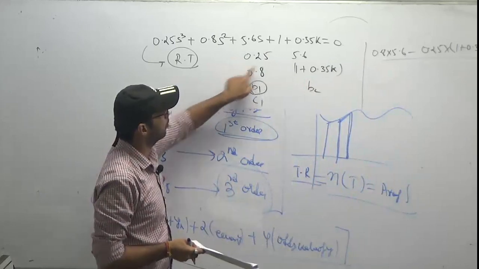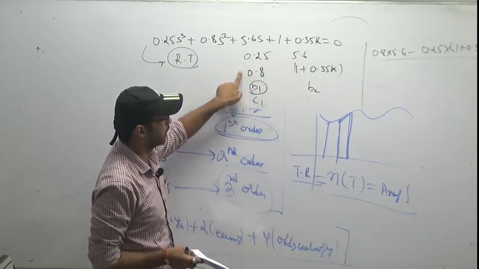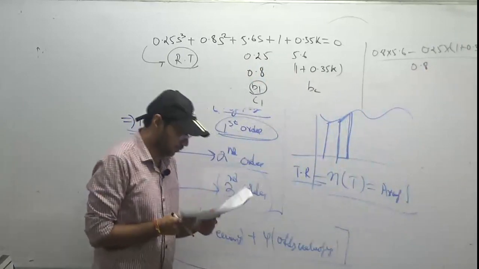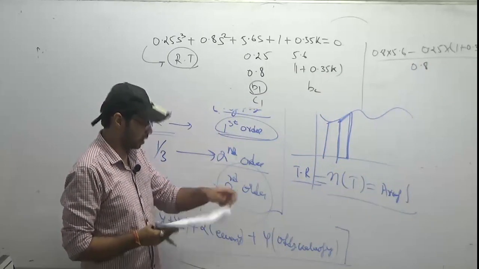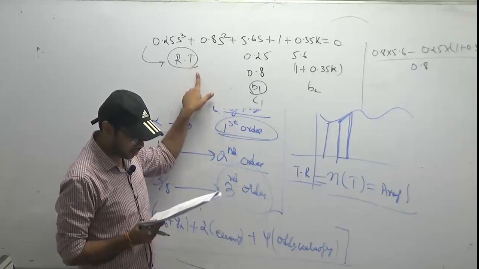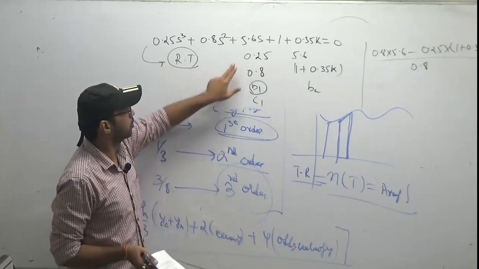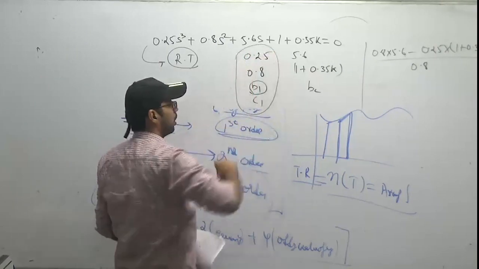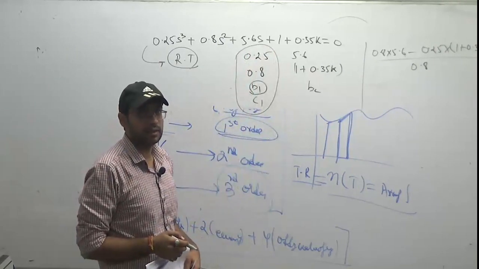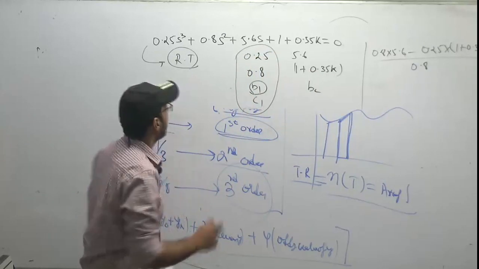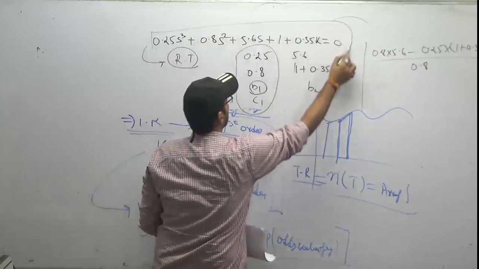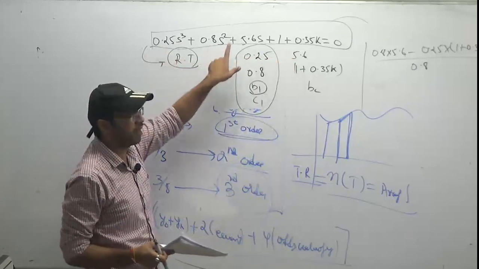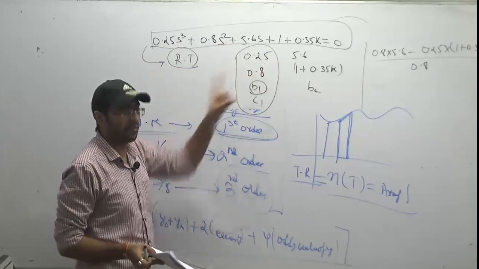This is A1, A2, A3, A4. So A2 is 0.8. Listen to me very carefully. In this question they are saying limiting value. So in the Routh test, these elements are to be positive, and all the components of this equation should have the same sign, whether all negative or all positive.